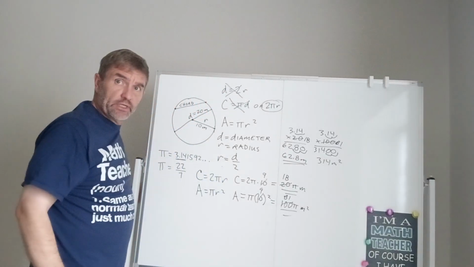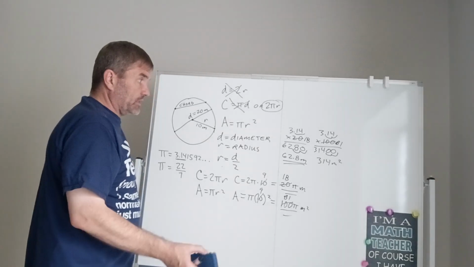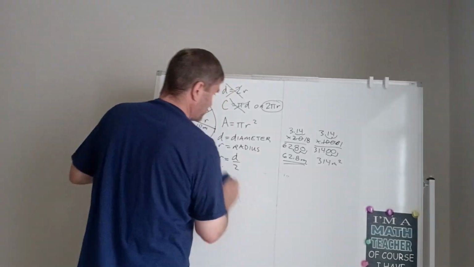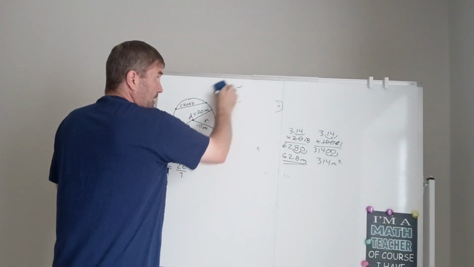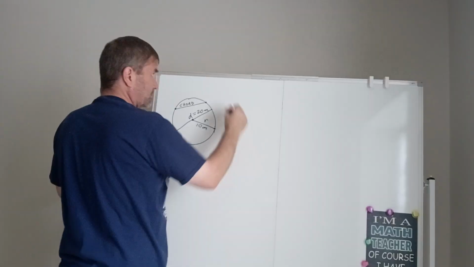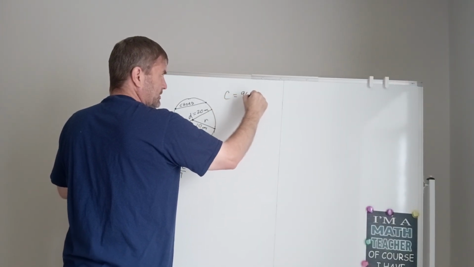Now that's moving forward. Sometimes they can have you move backwards, so they can actually give you the circumference. Now if they give you the circumference, what we've got to do is work backwards. All this stuff is still the same. You still have the same equation. But let's say they give you the circumference of the circle is 96 inches.